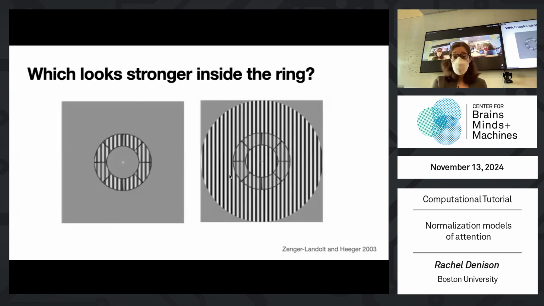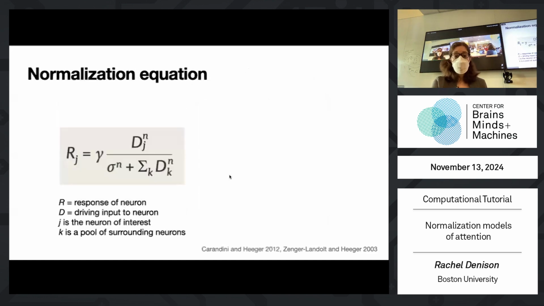Okay, so let's look at the equation for making this happen. And it's very, very simple. We have the response of some neuron, let's say it's our neuron of interest, neuron J, and that equals some scaling constant. You don't have to worry about that. The meat is here. In the numerator, we have D_J, the driving input to the neuron, whatever input is coming in from the visual stimulus.